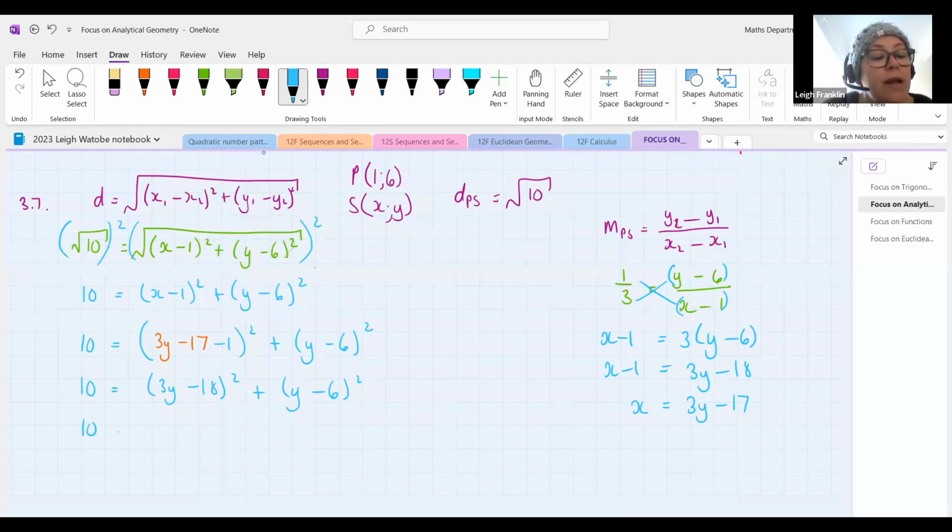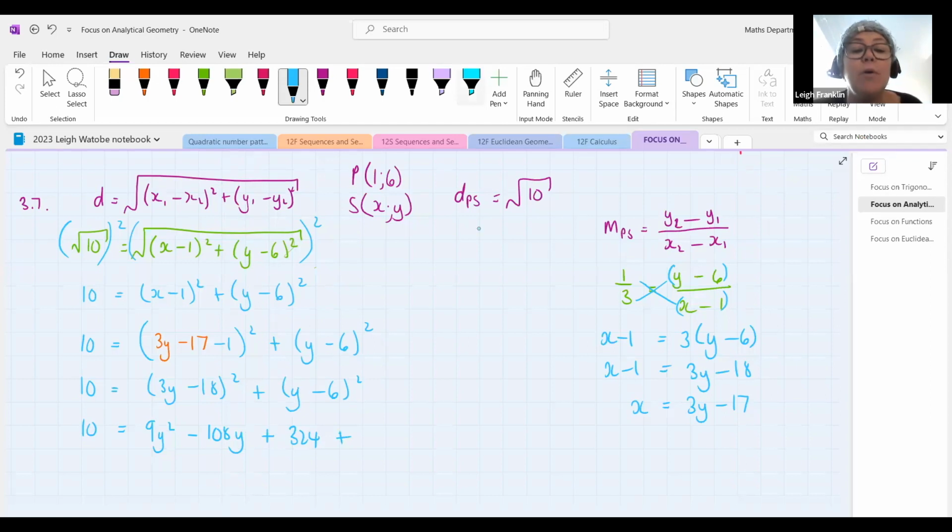So let's square out our brackets. Is everybody happy here if I just go straight to 9y squared minus, and then 18 times, this would be minus 108y, and then that would be... is everybody happy with where I'm getting that from? I've squared the first binomial, and then I'm going to square the second one.